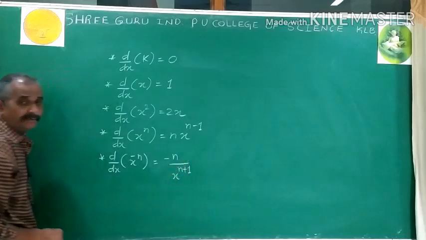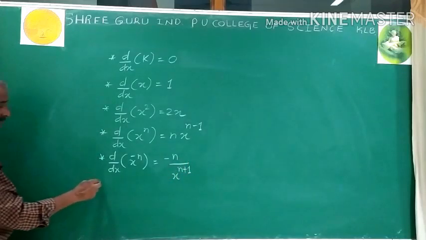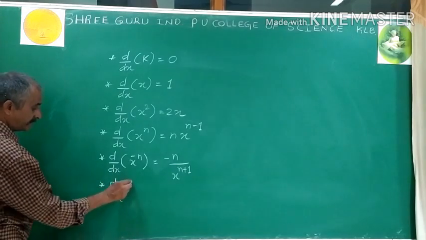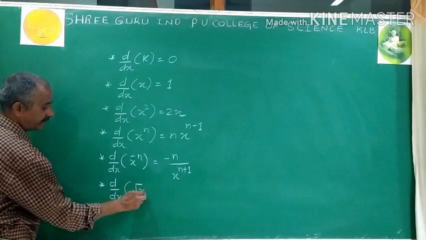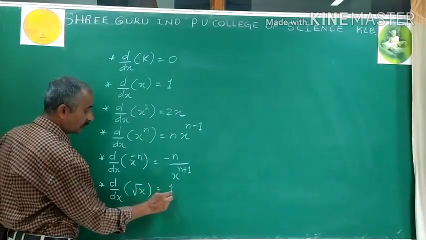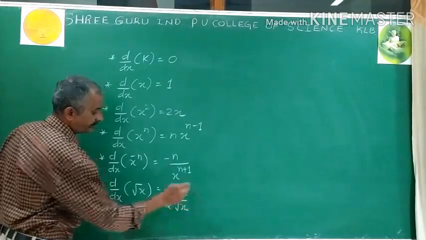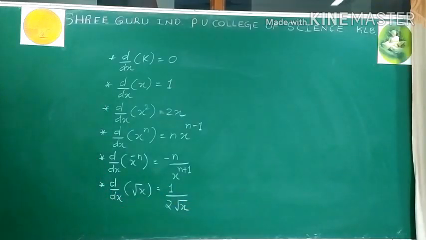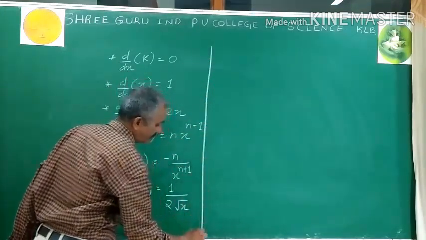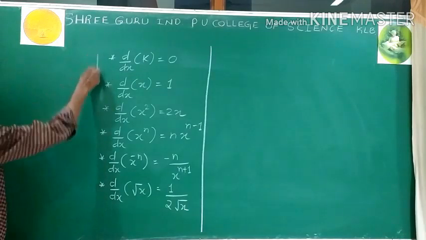This is the differentiation of x to the power of minus n, followed by the differentiation of root x, which is noted in PUC first year. It is given by 1 by 2 root of x. Still we have many more formulas.